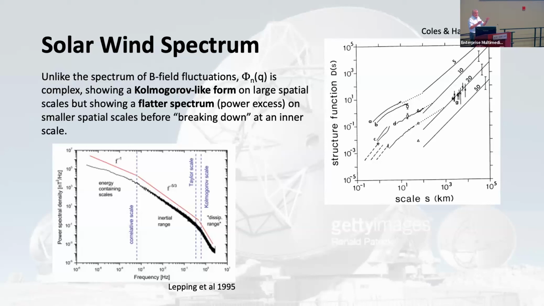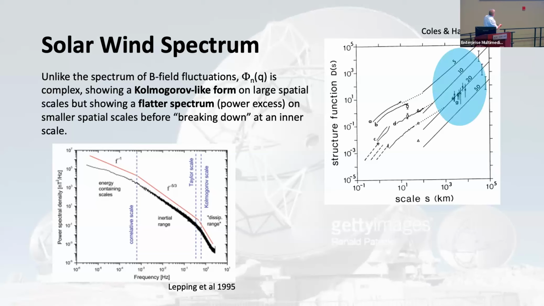Schematically, if you make a spectrum of the magnetic field fluctuations, you get this canonical spectrum here at 1 AU: energy containing scales, an inertial range of the Kolmogorov type index, and a break scale that is often interpreted as a dissipation scale. I'm showing a structure function up here, but think of it as a spectrum flipped around the y-axis.